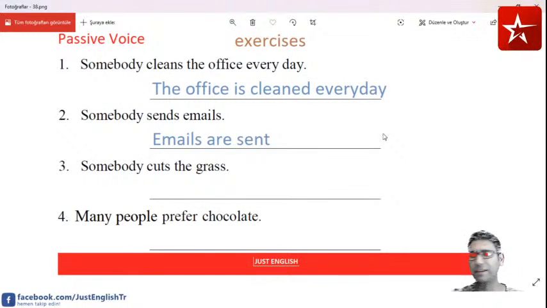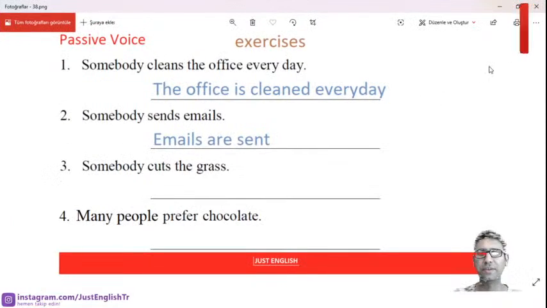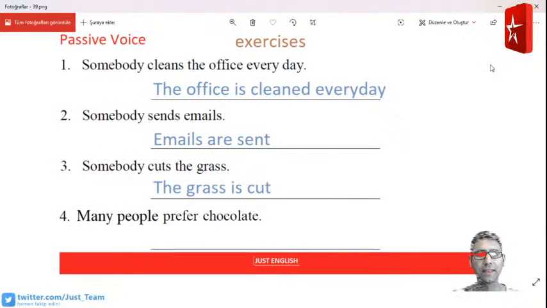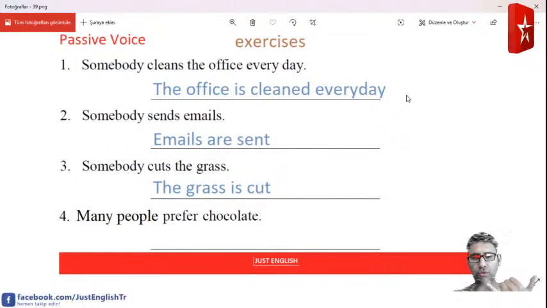Hello Sertaç. Evet, güzel denk gelmiş. Tam bu konuyu çalışıyormuş Sertaç da. Üzerine denk gelmiş. Harika. The grass is cut. Peki nasıl yapıyoruz? Şimdi tense'e bakıyoruz, zaman. İkincisi cümledeki nesneye bakıyoruz.